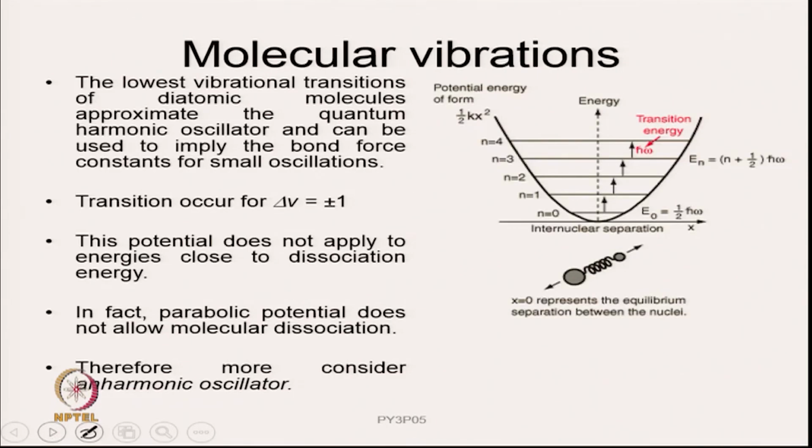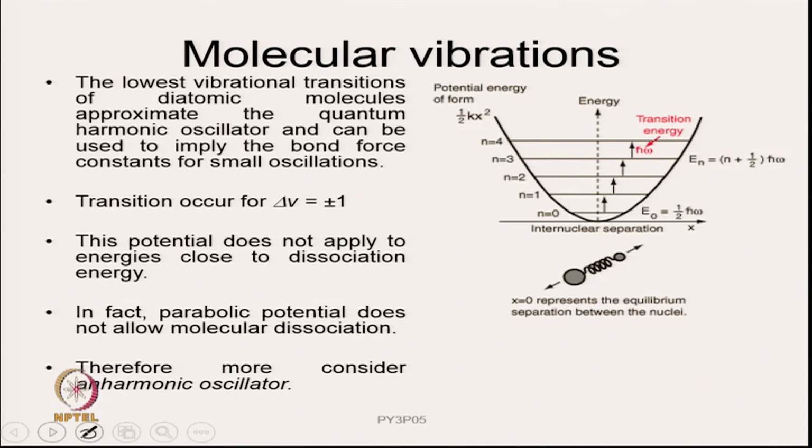Till now we talked about harmonic oscillation and the lowest vibrational transition. A diatomic molecule approximates the quantum harmonic oscillator and can be used to calculate the bond force constant for a small oscillation.